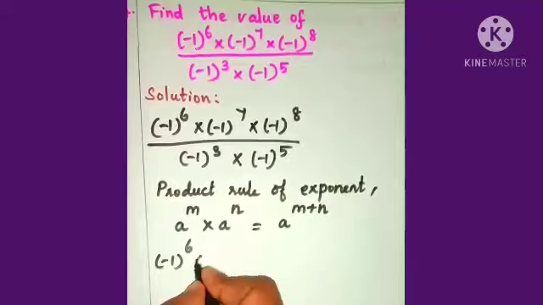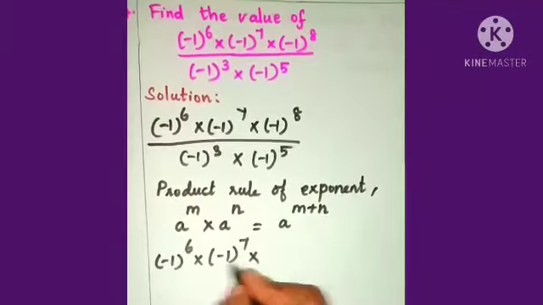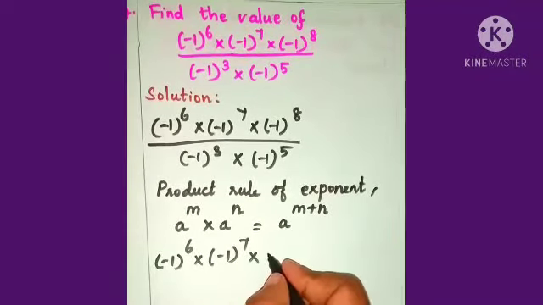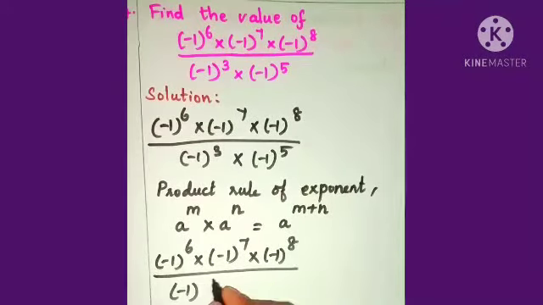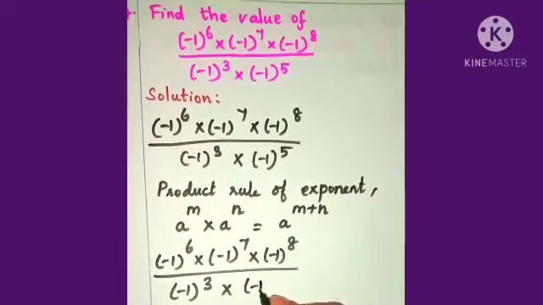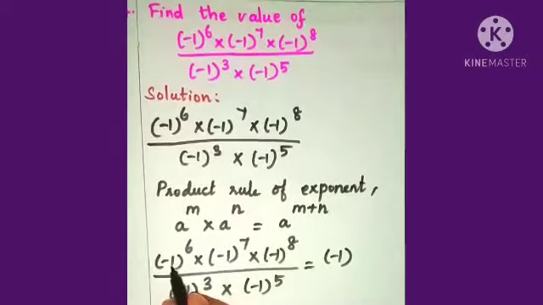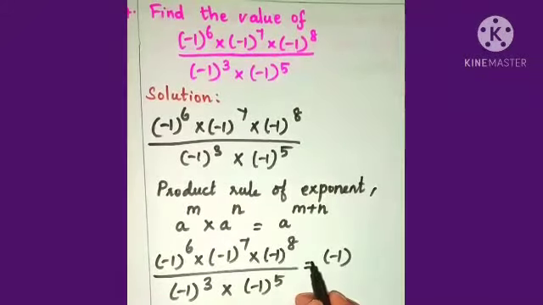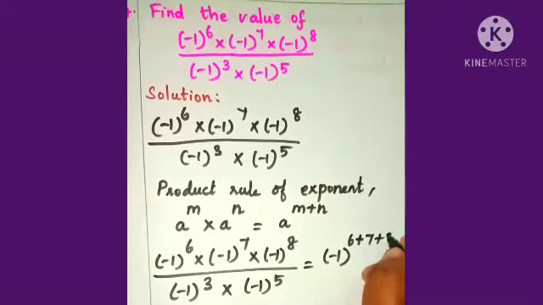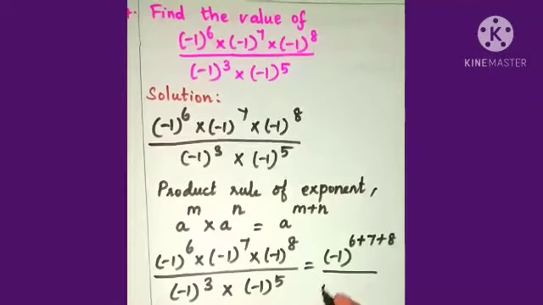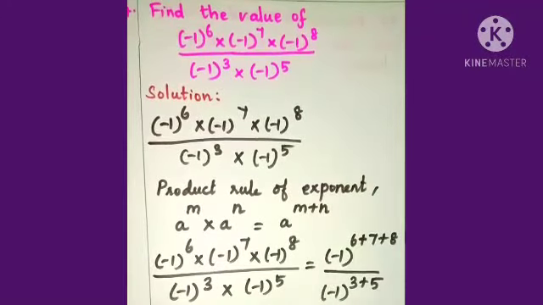Now minus 1 to the power of 6 into minus 1 to the power of 7 into minus 1 to the power 8, the whole divided by minus 1 to the power 3 into minus 1 power 5. Here we get minus 1, the base, and we can add the powers, that is 6 plus 7 plus 8 divided by minus 1 to the power of 3 plus 5. We can add by using product rule of exponent.